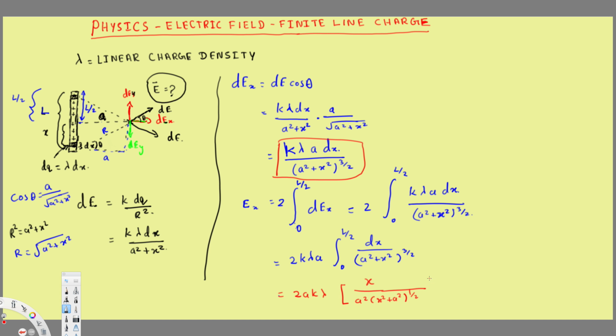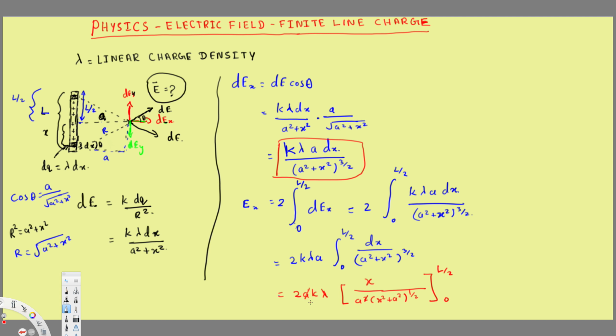So this is what I get when I integrate, and this is from 0 to L by 2, right? If you see that we have an a square in the bottom and an a in the top, so we can cancel those and bring the a to the others here, because a is also a constant.